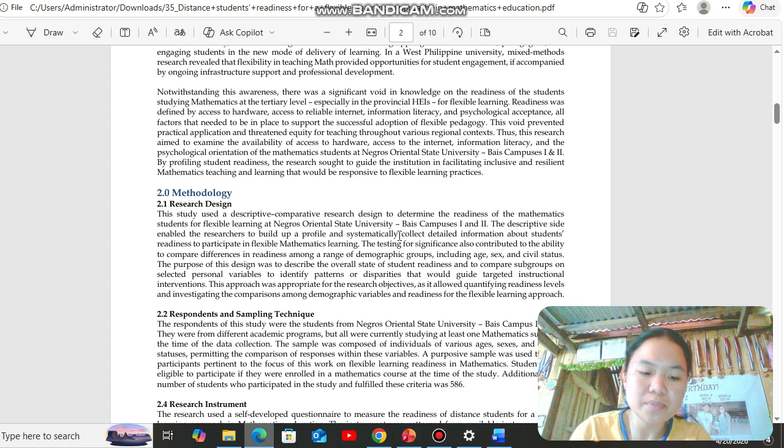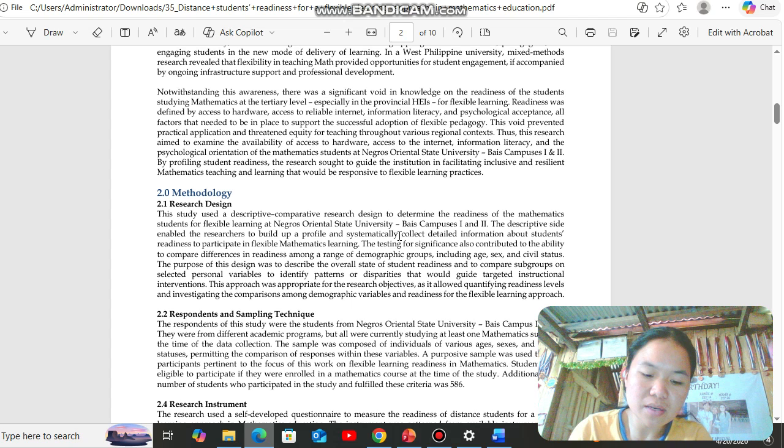A self-developed questionnaire was used to collect data covering 4 areas: availability of hardware, internet connectivity, information literacy, and psychological preference.